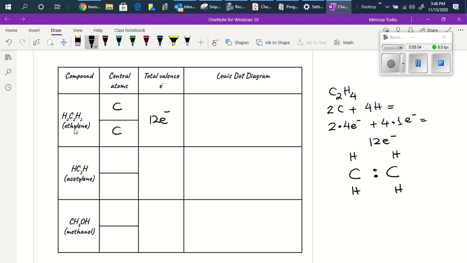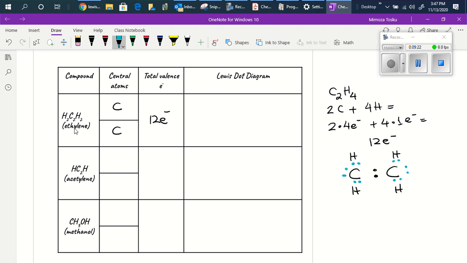Now let's complete the rest of the outer shell electrons for each of those central atoms. So we'll have 6 more for this and 6 more for this.